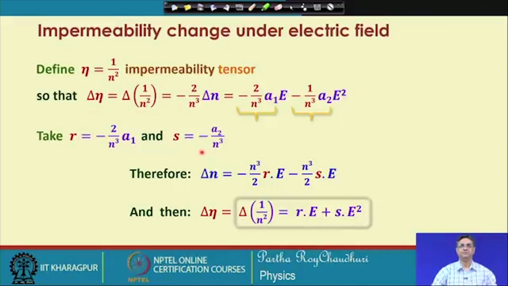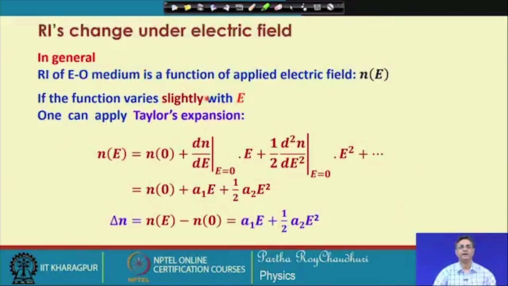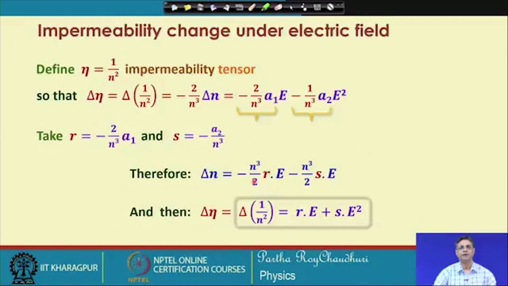Because delta n value I will pick up from here and put it here, then if I substitute for this quantity twice n cube a 1 as r and this as s, then you can write delta eta, that is the change in the impermeability, equal to r into E plus s into E square.